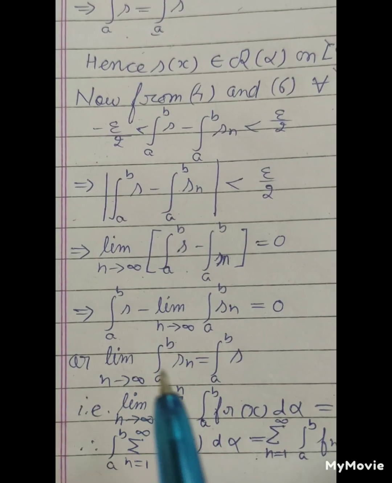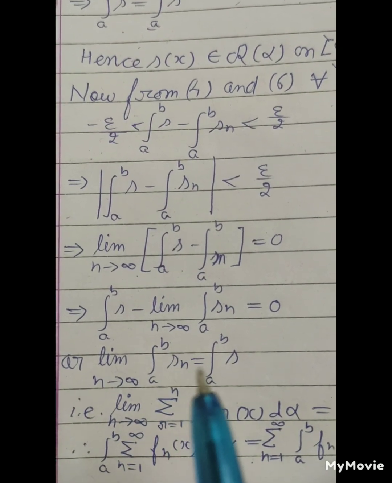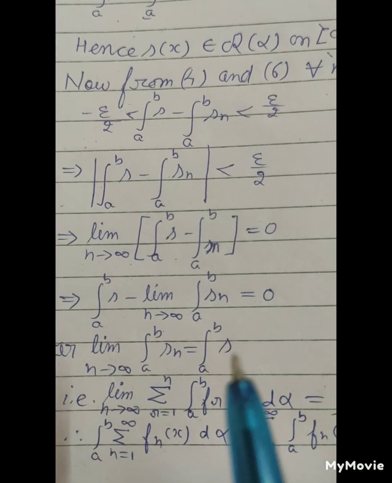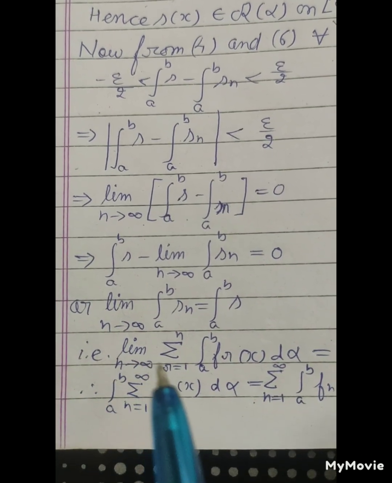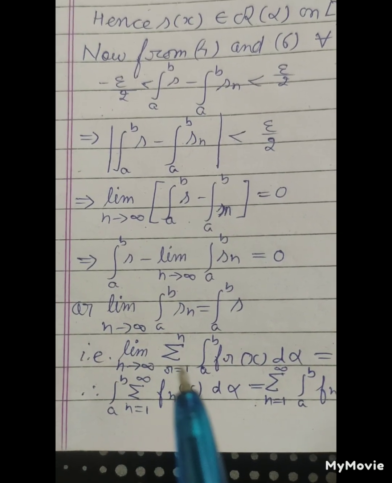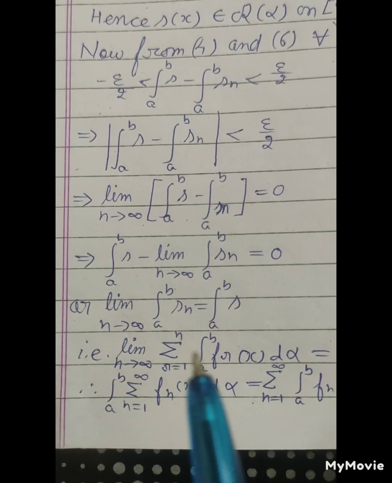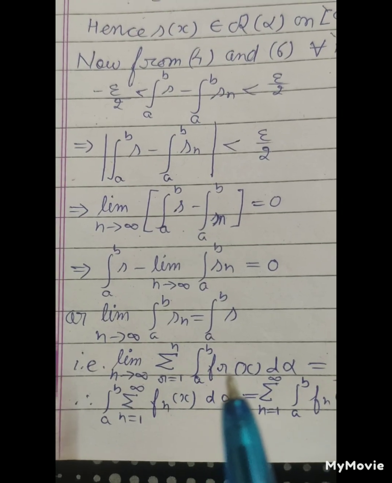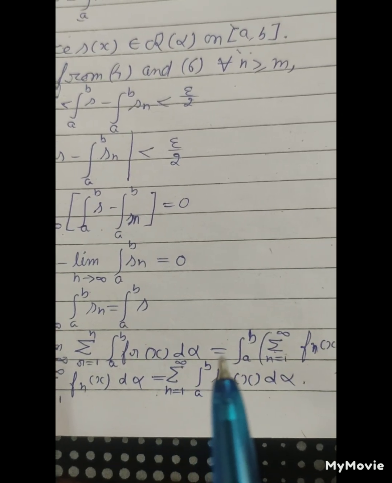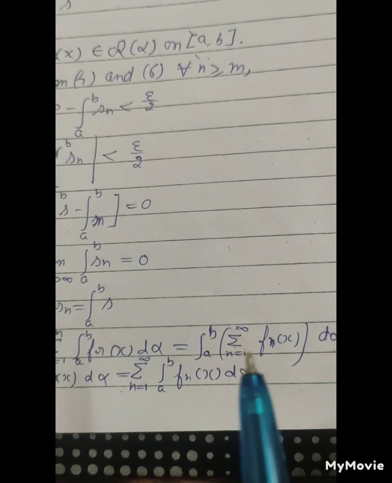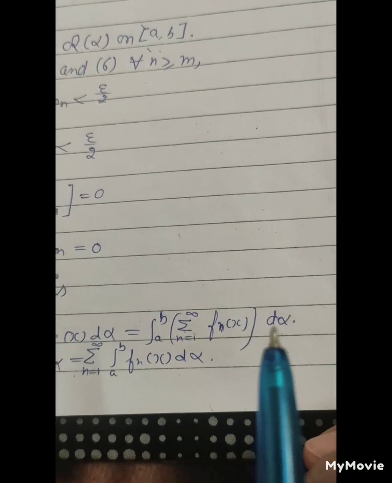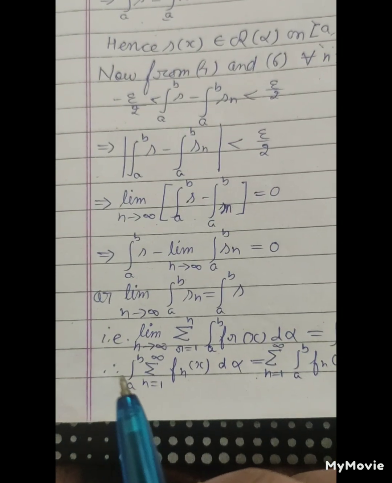Or limit n tends to infinity of integral a to b of S_n equals integral a to b of s, that is, limit n tends to infinity sigma r varying from 1 to n integral a to b of f_r(x) d alpha equals integral a to b sigma n varying from 1 to infinity f_n(x) d alpha.